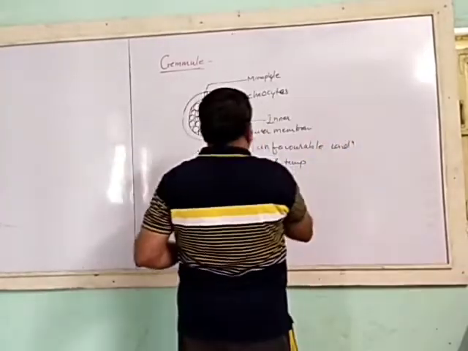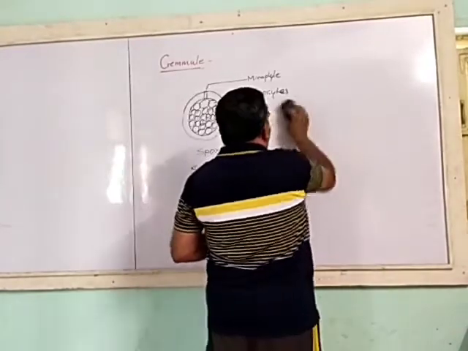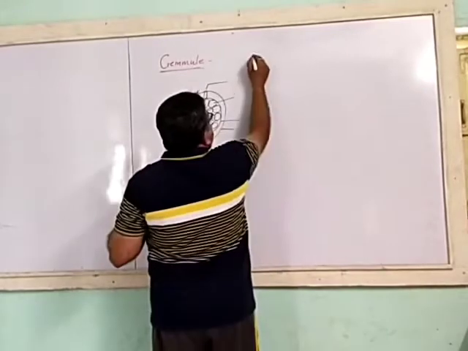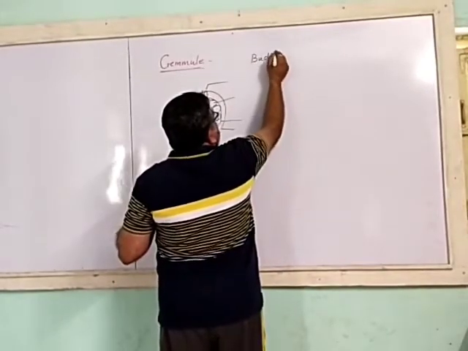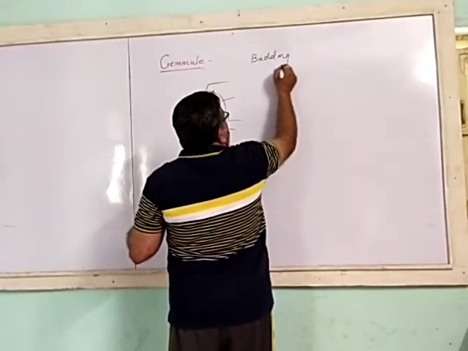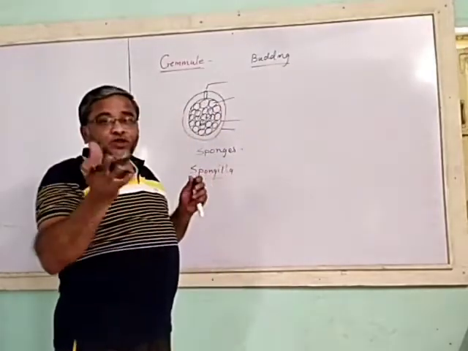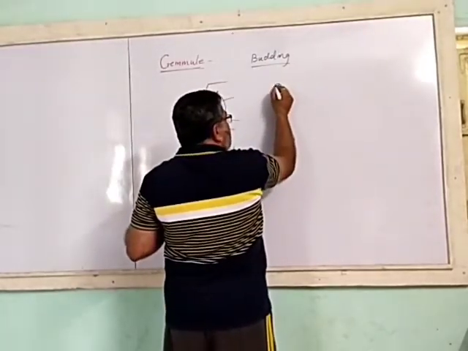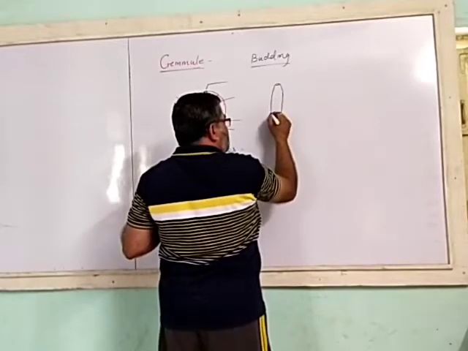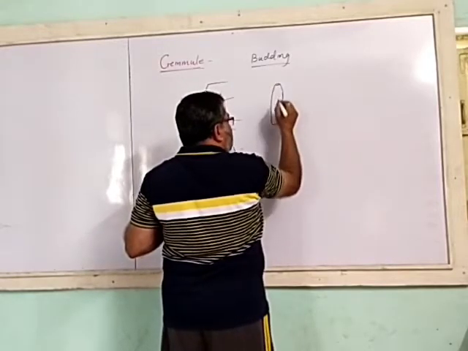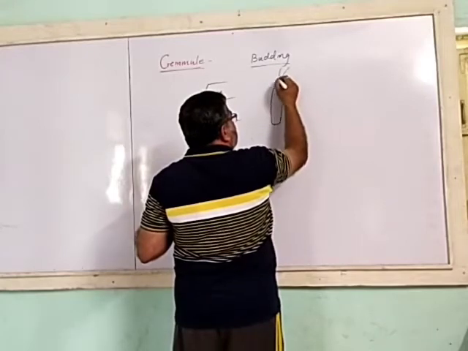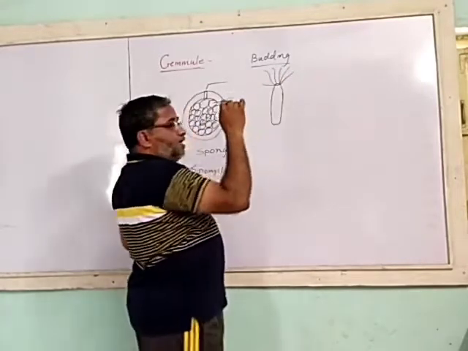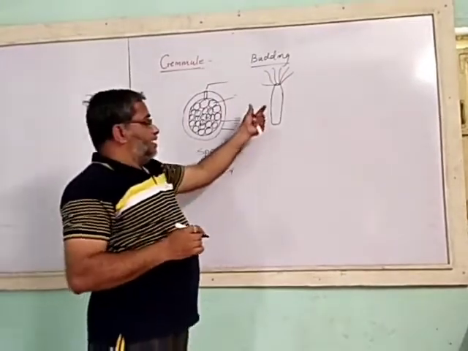The second process is budding. This is also an important process. I am keeping the diagram because the two are contrasting. You know the animal from the Coelenterates, the hydra. It has a mouth covered by tentacles, and a cylindrical body.